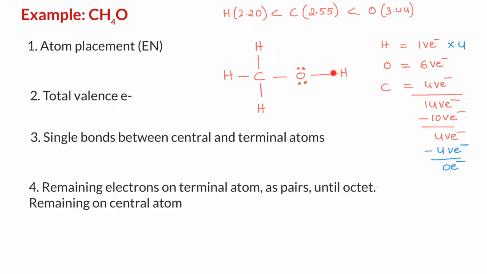Oxygen forms 2 single bonds, and it has 2 non-bonding electron pairs. So overall, oxygen also has 8 valence electrons. This is the final Lewis dot structure of CH4O.